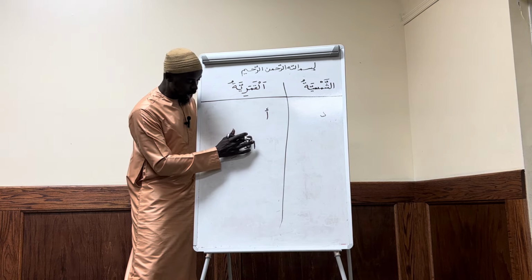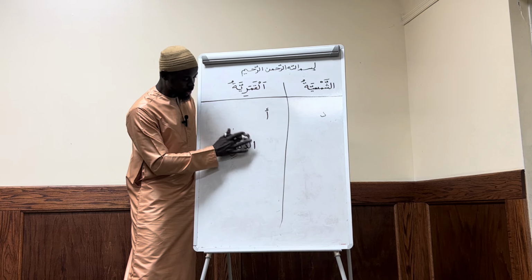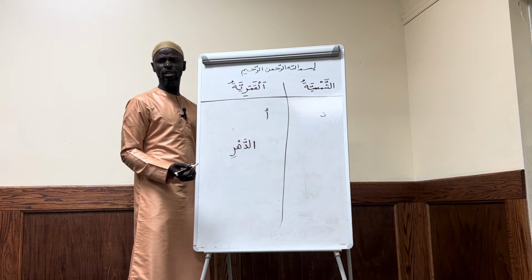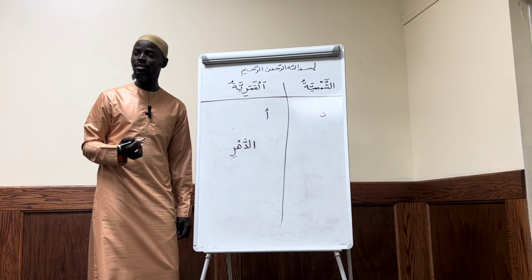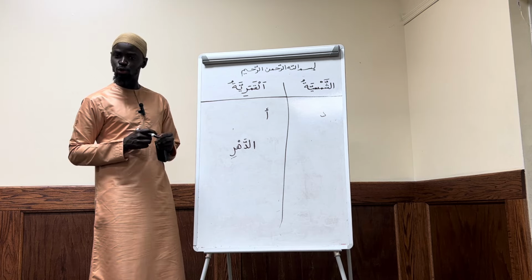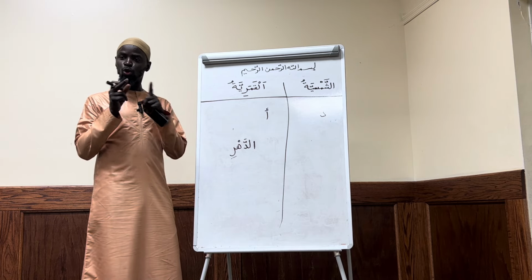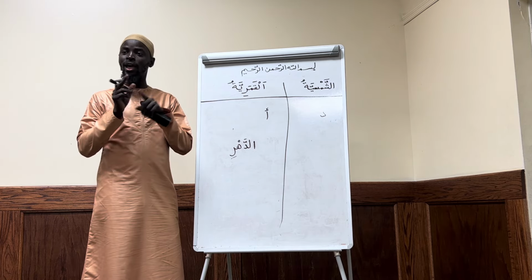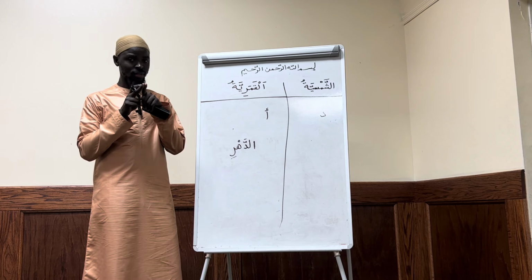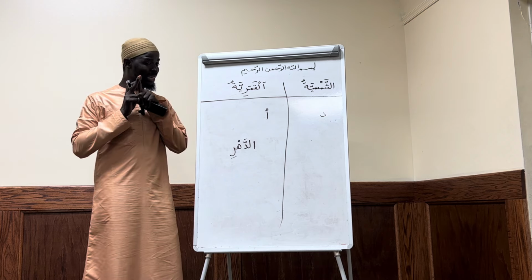So this one you cannot say al and then say dad. It's going to be difficult. Why? You guys know. Exactly. Because of the two sukoons. And two sukoons cannot meet in Arabic ever. Two sukoons cannot meet in Arabic. They can never.